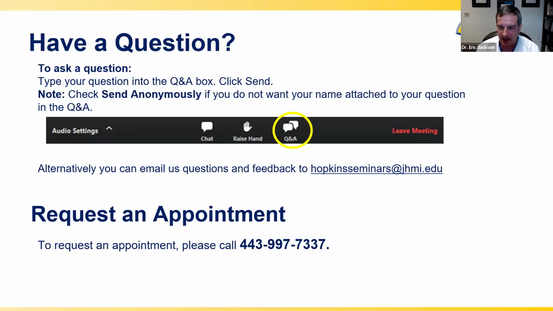Another question: will my child look different immediately after surgery for craniosynostosis? The answer in all cases is yes. The difference is the extent. With an open vault surgery, you're going to have more correction immediately, and more swelling.